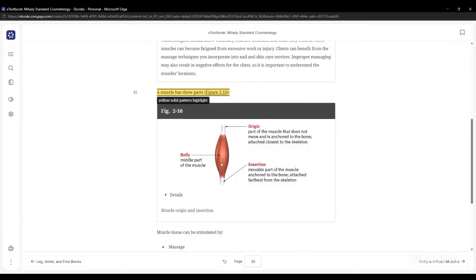Okay. For the scope of practice in Tennessee for estheticians, you are not allowed to book massage services for the full body. The areas that you can work are the feet, the hands, arms up to the elbow, okay?